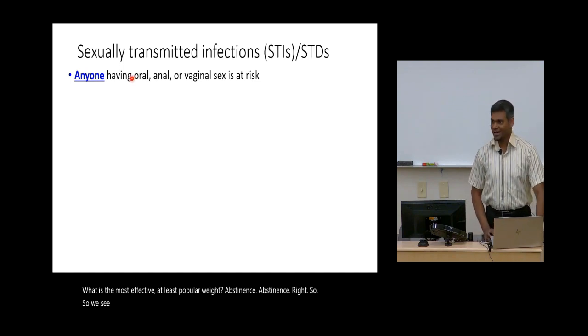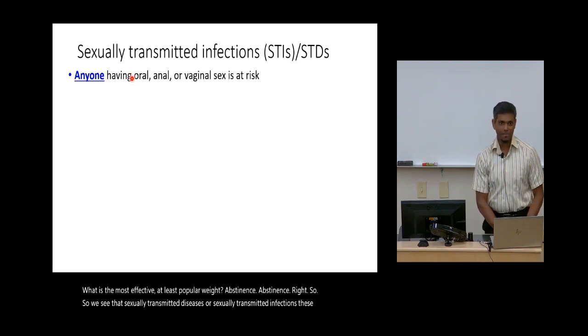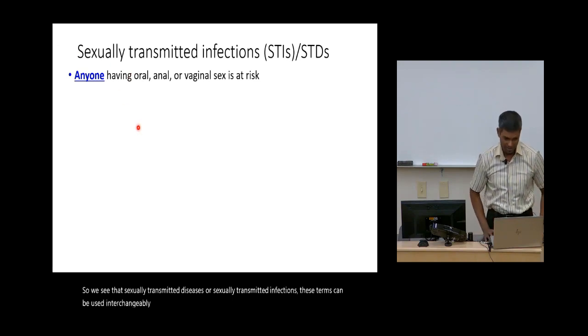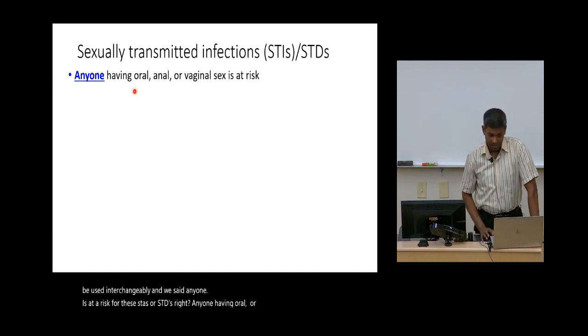So we see that sexually transmitted diseases or sexually transmitted infections, these terms can be used interchangeably, and we said anyone is at a risk for these STIs or STDs, right? Anyone having oral, anal or vaginal sex is at a risk.